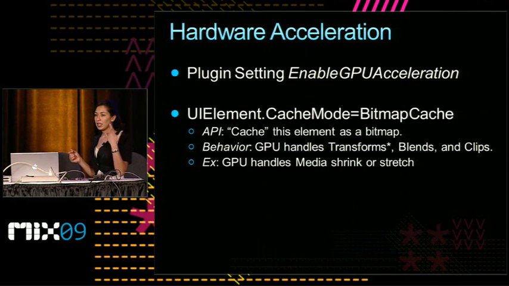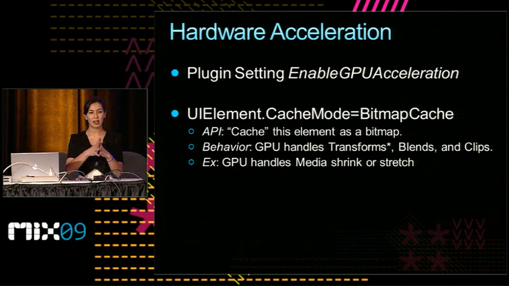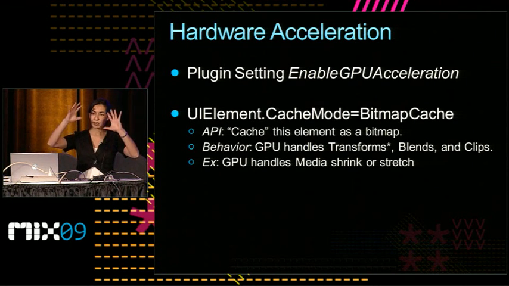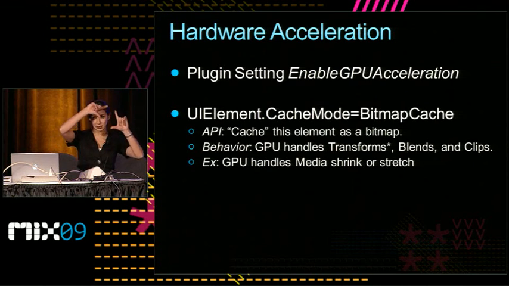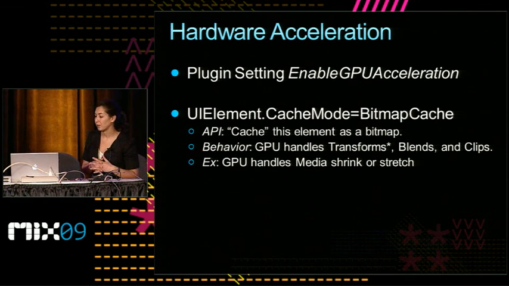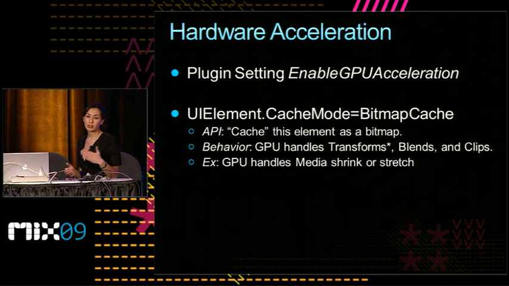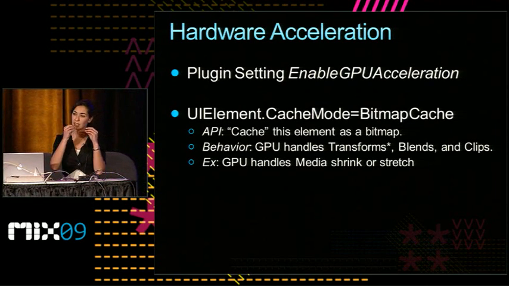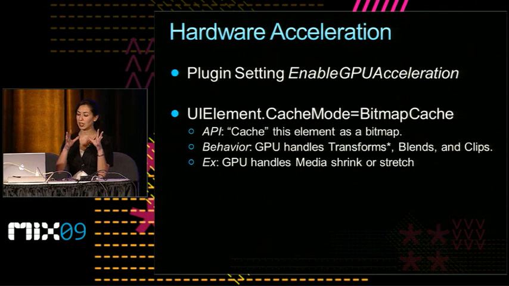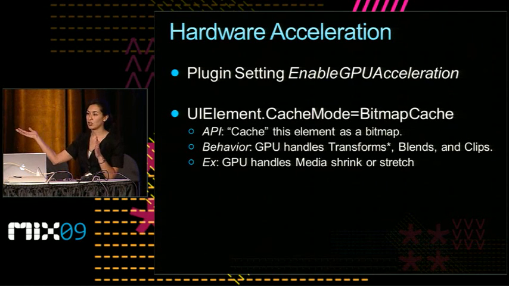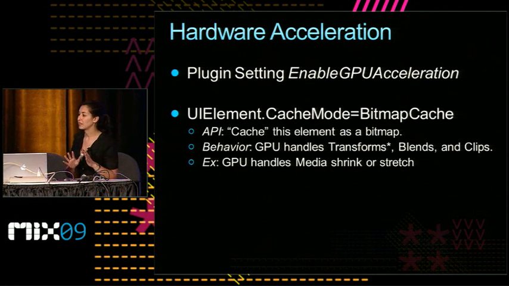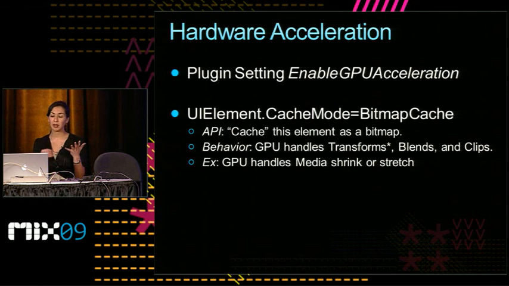And the caching that we do is basically a bitmap cache. We're not talking about vector graphics here. We're just talking about if you take a button and you stretch it, it's going to be an image of that button stretched. That can be very quick, and it can be advantageous at times. For media and images, this is a great thing, because basically we're just taking a cache of the bitmap of what it looks like, and then handing it to the GPU to do the basic behavior of transforming, blending, and clipping.